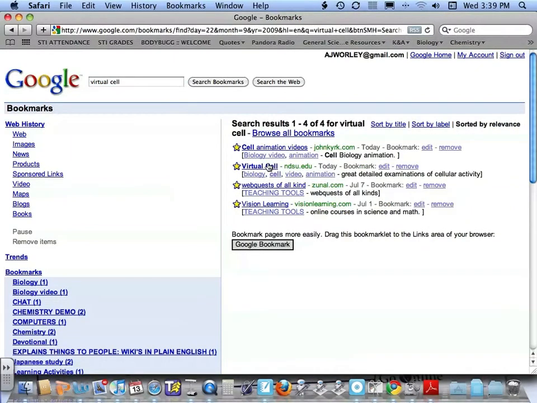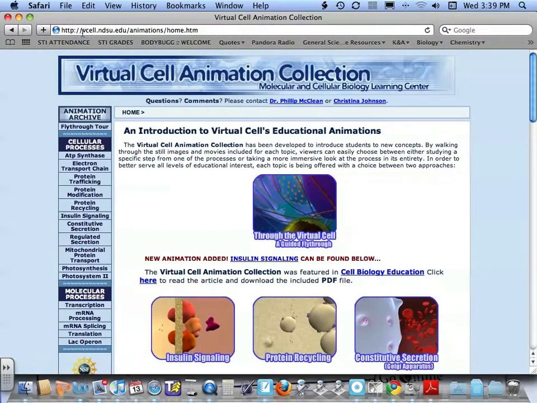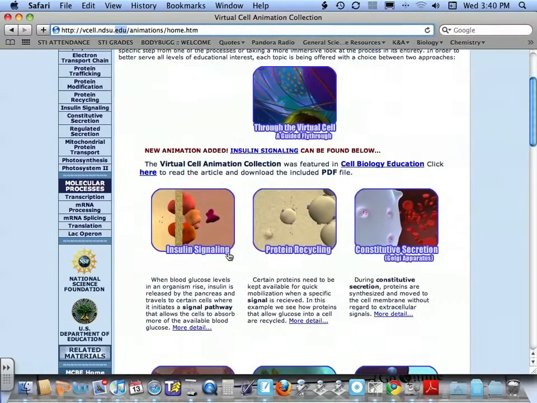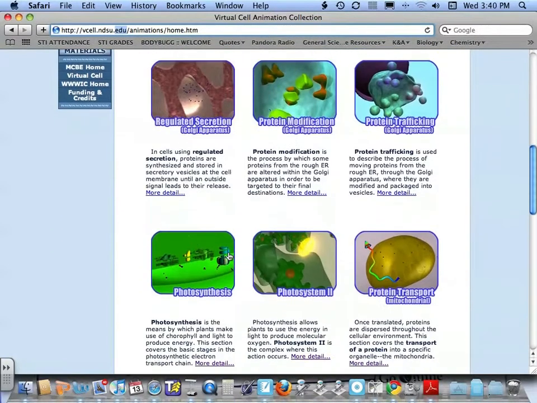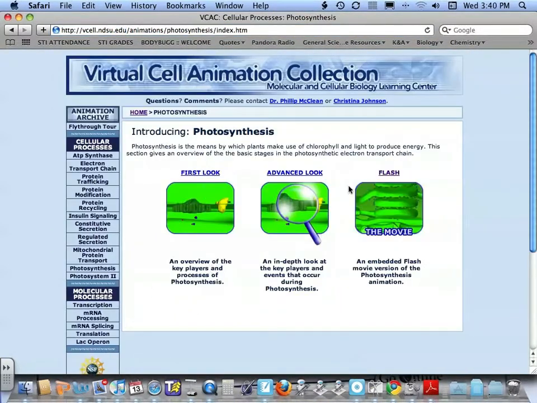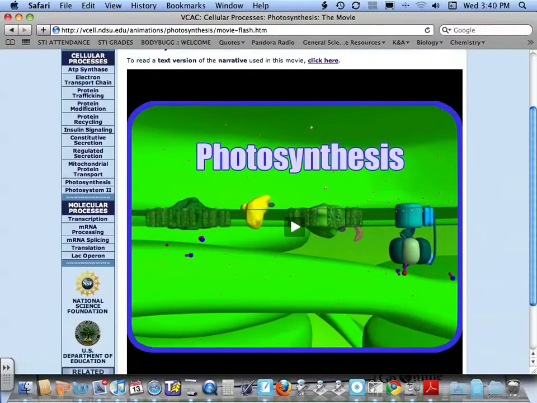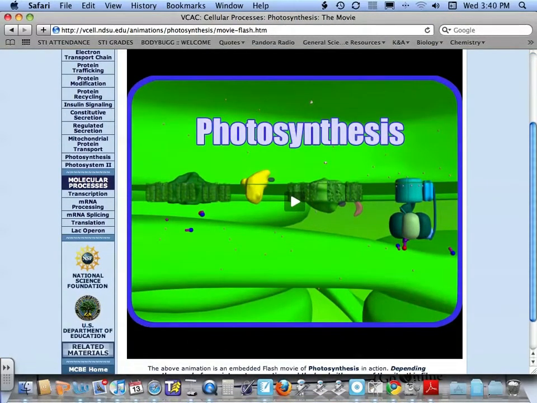If you type in vcell.ndsu.edu, you can scroll down for a computerized graphical explanation of photosynthesis. It's a little more complicated than what we've talked about, but you can follow it along and see God's glory in action. Oh, look at this picture. Here is photosystem 2, electron carriers, photosystem 1, ATP synthase.